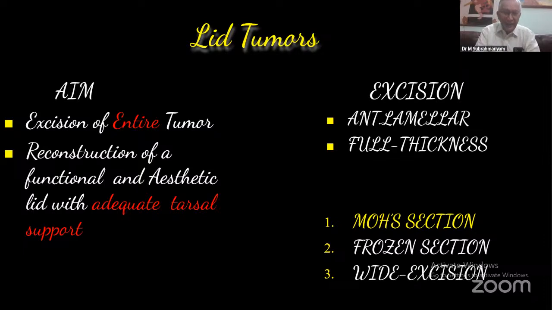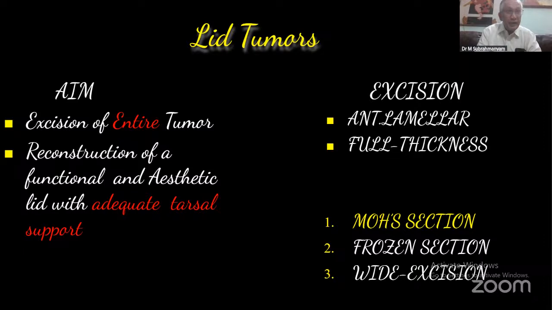Coming to the wide excision, most of the time the tumor has a microscopic extension varying from 2 to 7 millimeters beyond the visible tumor. So normally we excise the tumor with about 4 millimeters of free margin.